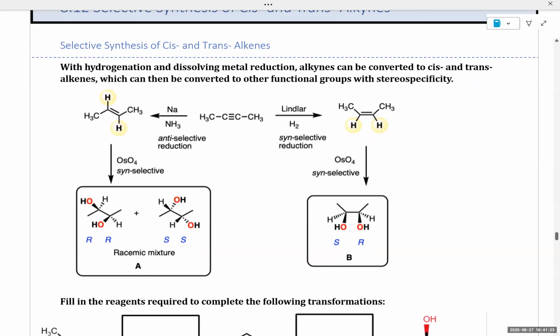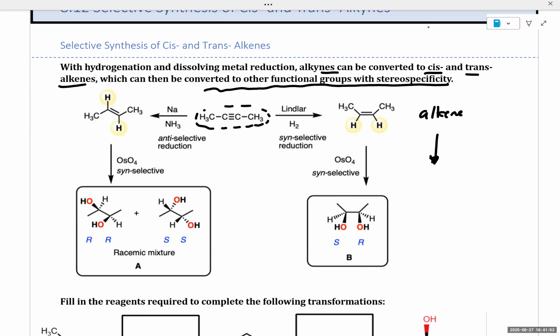So, with hydrogenation and dissolving metal reduction, alkynes can be converted to cis and trans alkenes, which can then be converted to other functional groups with stereospecificity. So we can take this garden variety alkyne and go all the way to alcohols with defined stereochemistry, because we can make an alkene and that alkene can be converted to, in this case, a diol with stereospecificity.